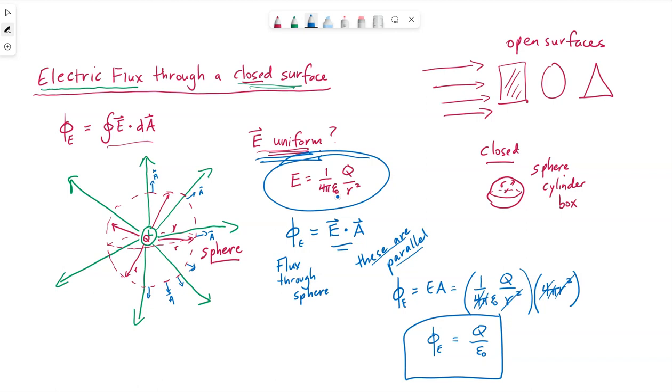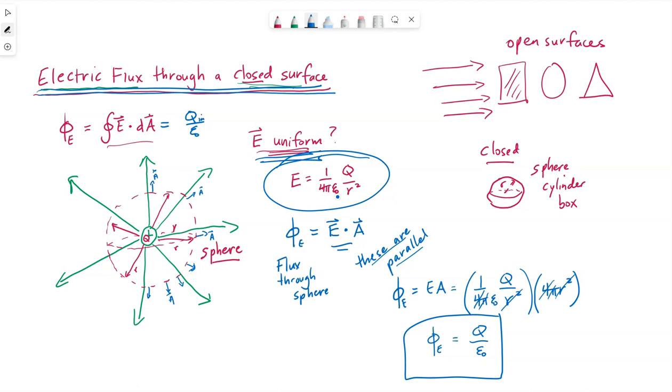And interestingly, it turns out that any time we are calculating the electric flux through any closed surface at all, this electric flux will always equal the charge that is located inside the surface divided by epsilon naught.